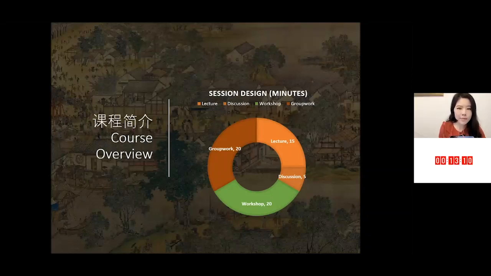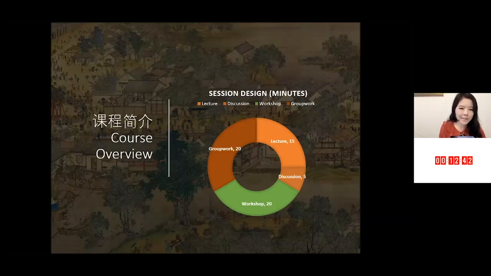And the last 20 minutes are for discussion and free drawings in small groups. In the breakout rooms, students will choose their own subject to paint and experiment with the Chinese painting techniques they have just learned. In my presentation, I will present the first 2 parts briefly in 12 minutes.